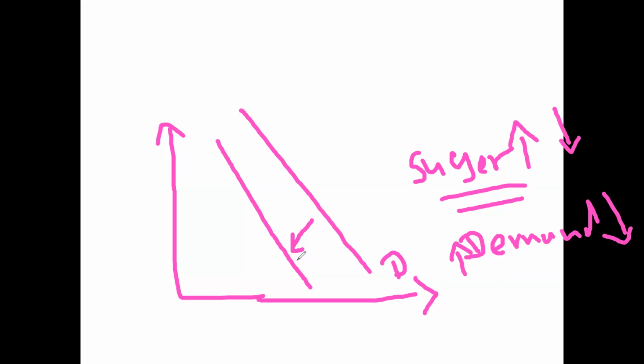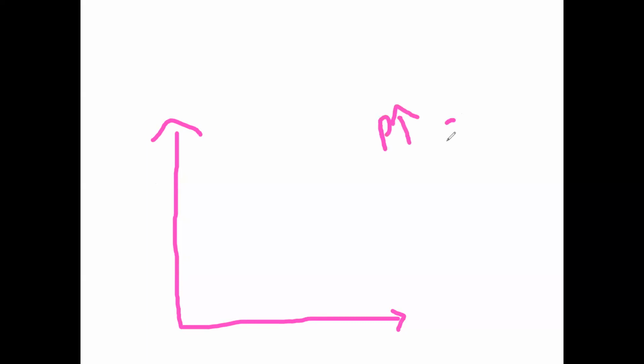Like this, but with substitute products there is a positive relationship. Let's say for example, the next one, I think, the coffee price. Increase of coffee price. Then what will happen to the tea demand? Price increase of coffee.